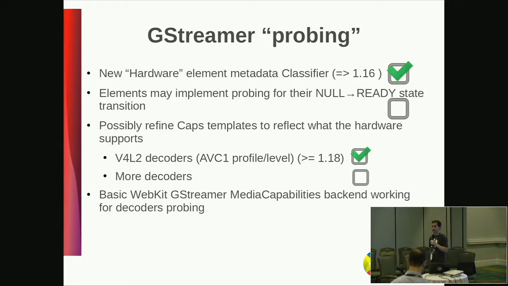So I did that for the AVC1, and it could be done actually also for the VP9 and VP8 at least. And then for more decoders such as VAAPI, it should be done as well, if possible. So we have that working only for the decoding, and for the encoding, which would be useful for WebRTC, I think, it still needs to be done. So there's still more work to do on that backend.